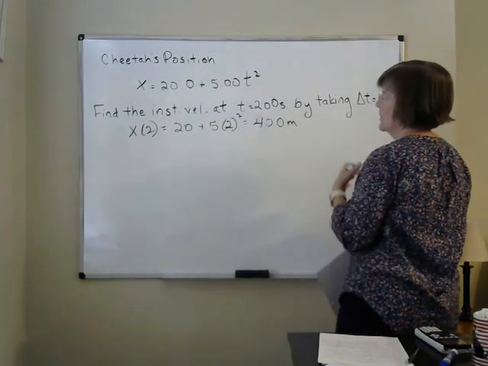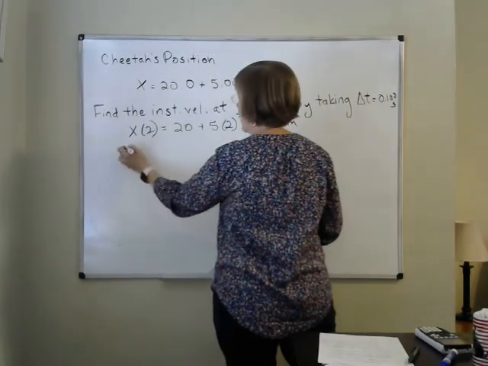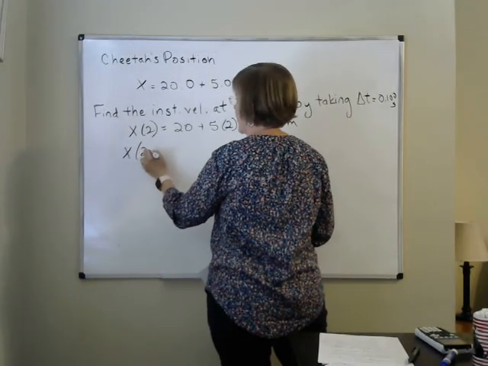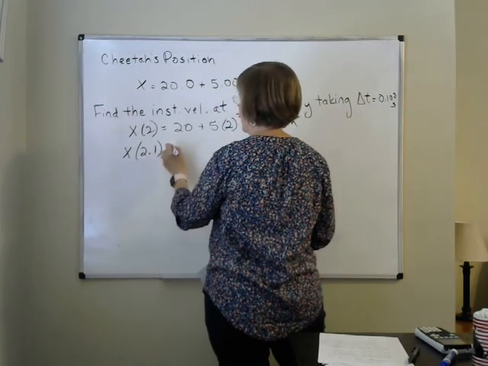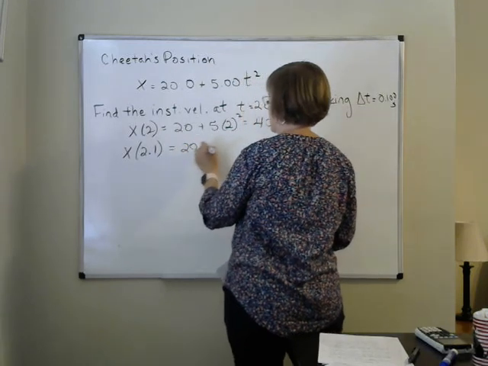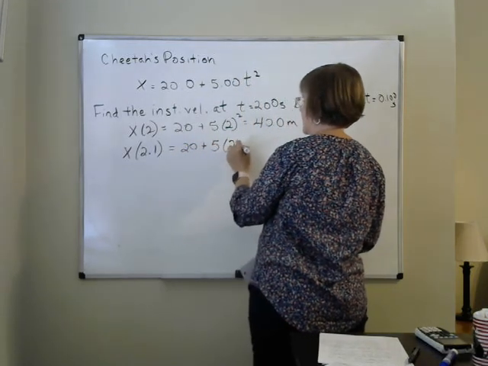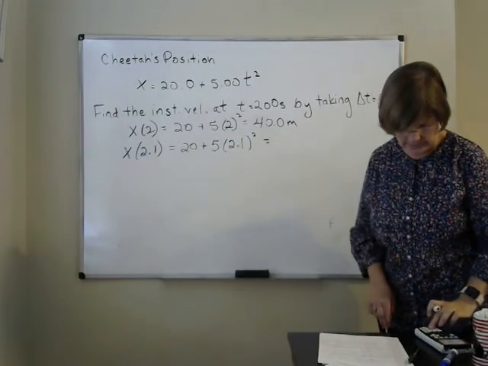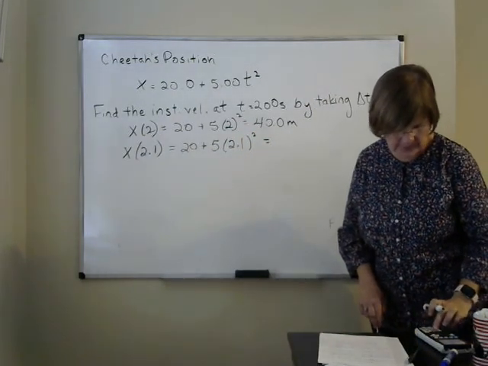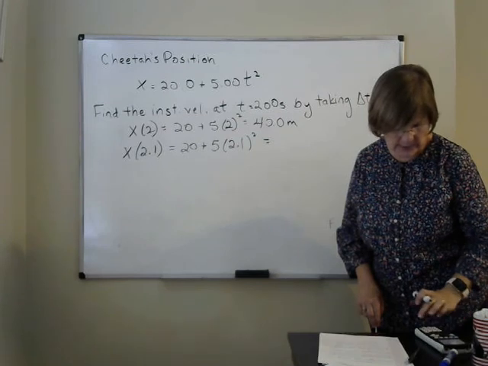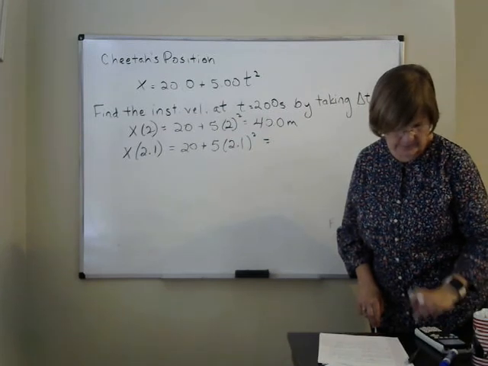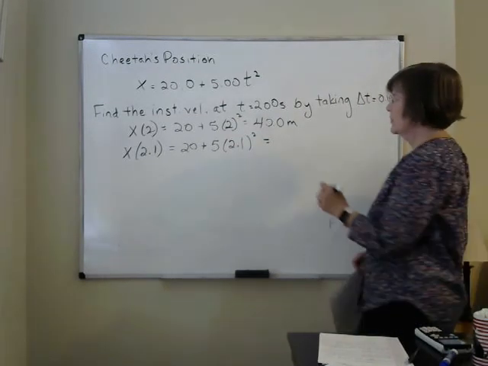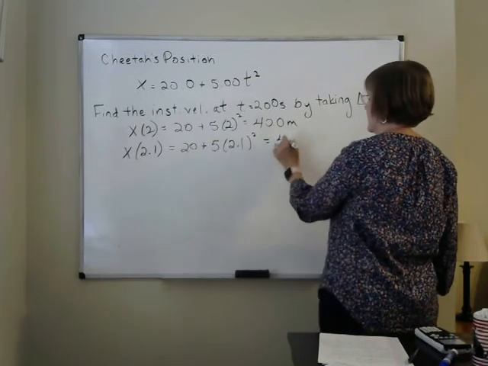That's the same result we got earlier. If I wait 1/10 of a second later to 2.1 seconds, okay, 20 plus 5 times 2.1 squared, I get 42.05.